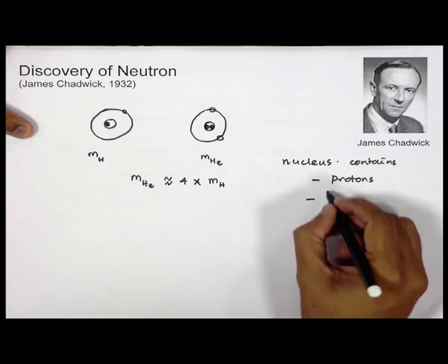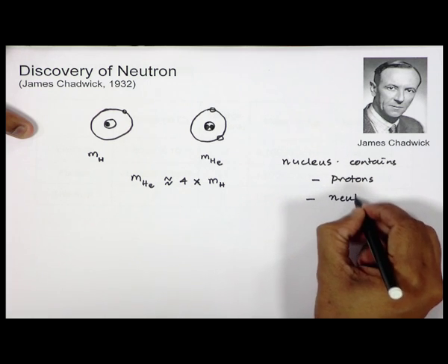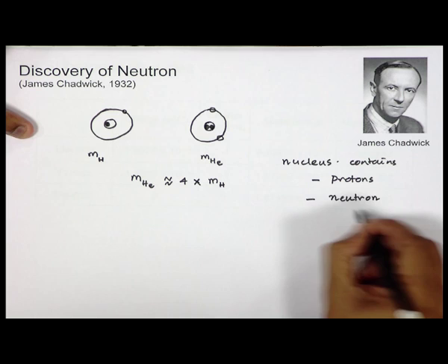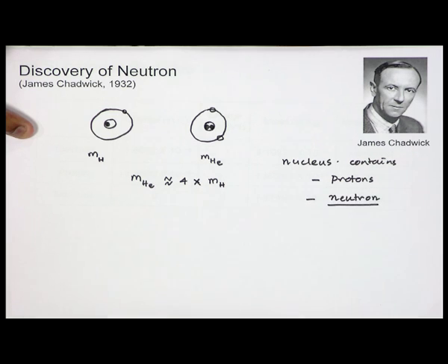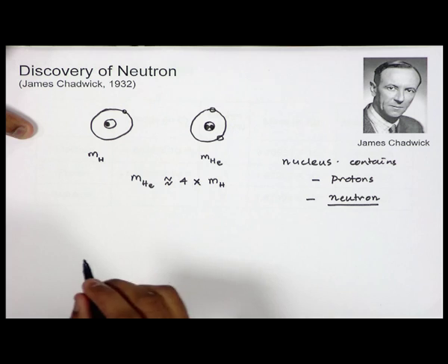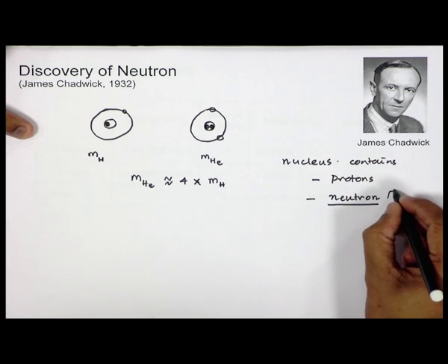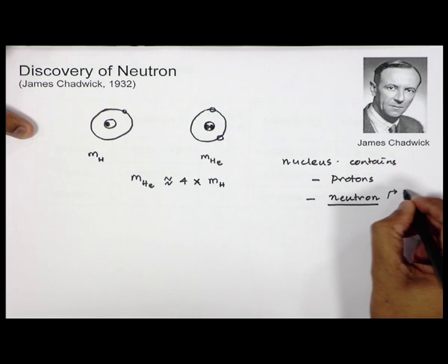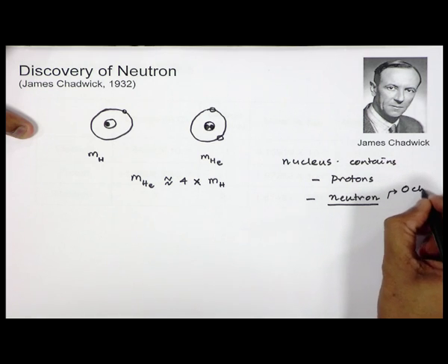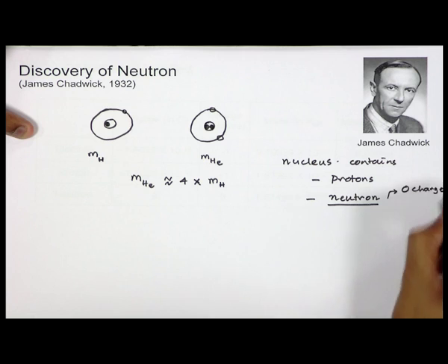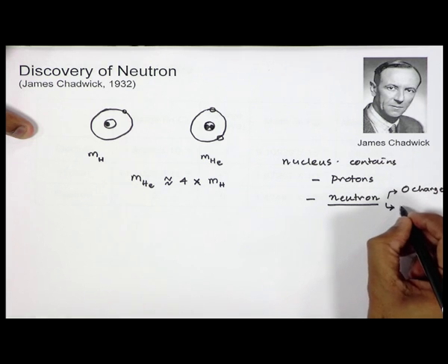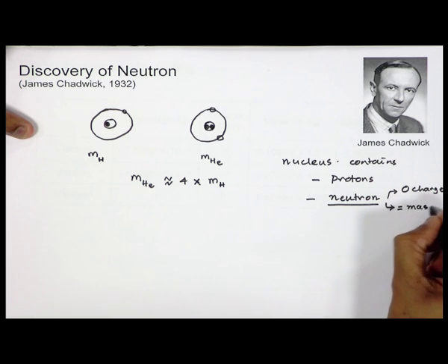In addition to protons, it also contains a new set of particles that he called neutrons. These neutrons are chargeless, so they have 0 charge, and it was found that their mass is equivalent to the mass of a proton.